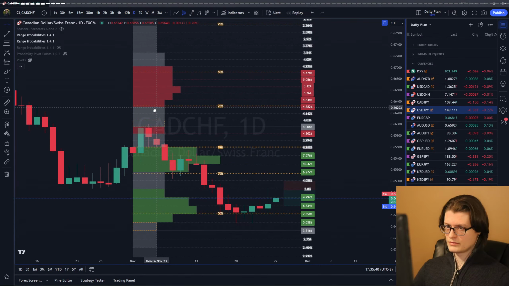So this is where you figure out if your seasonal expectations are reasonable. I'd say in this particular case, I would stick with range probabilities for this week.